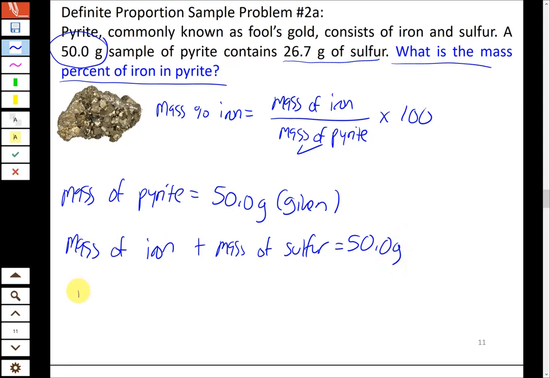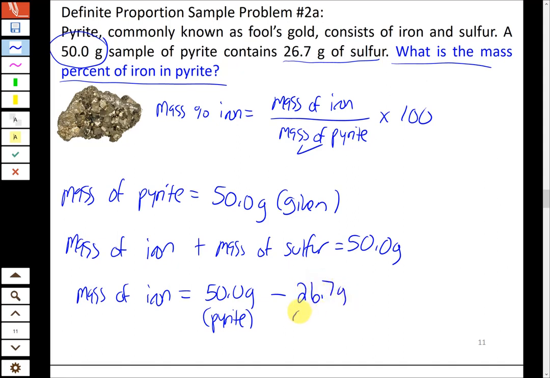So then we can solve for that by a little bit of algebra, or just by difference, really, where we had 50 grams of pyrite. We're told in the problem that 26.7 grams of that is sulfur. And so the rest, by difference, must be the iron that's in there. So again, it wasn't given to us directly, but we can find it in this way.